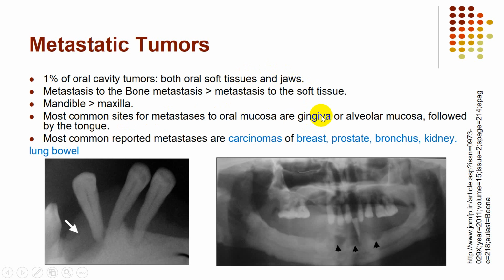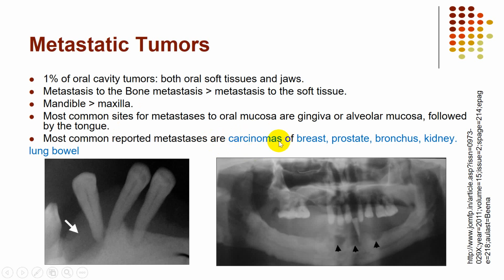And I have seen a case of metastasis to the gingiva and another case in the tongue, and both were from renal origin or renal cell adenocarcinoma, metastasizing to the oral soft tissues. In the bone, the tumors most commonly metastasizing to the jaws are of carcinoma origin.